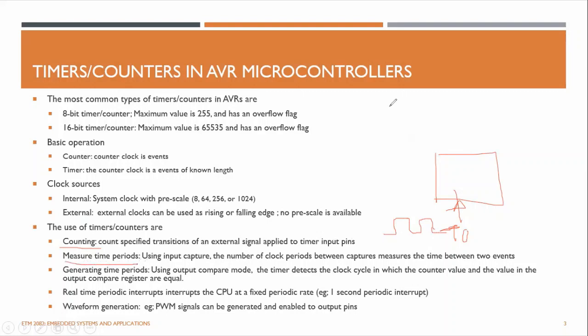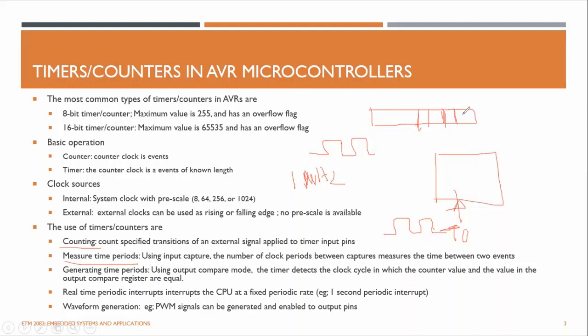If you use your CPU clock period, you know the CPU frequency. So if you know this register value, you know how much time has elapsed, right? It doesn't need to start from 0.